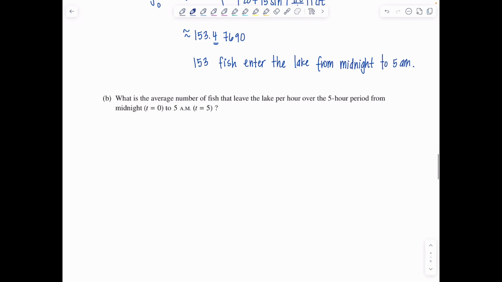What is the average number of fish that leave the lake per hour from midnight to 5 a.m.? So again, average value of a function. Which function? The fish leaving the lake. Oh, so they want L average, leaving the lake average from t equals 0 to 5.